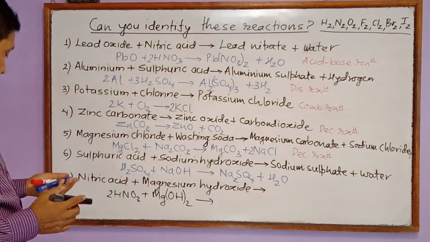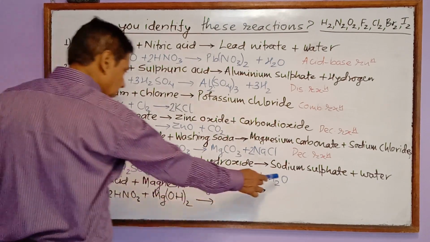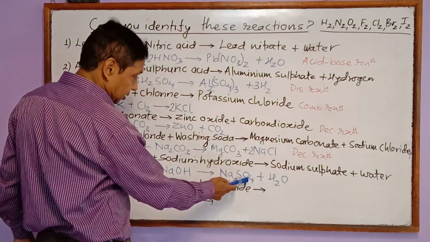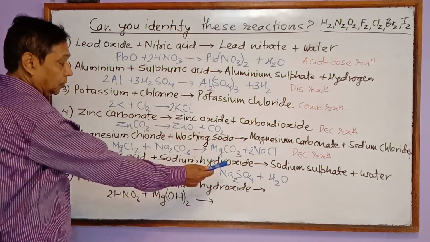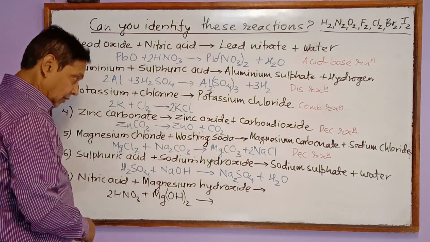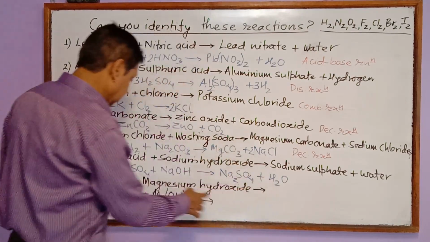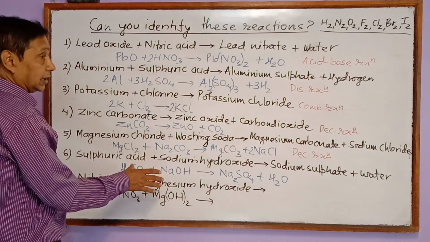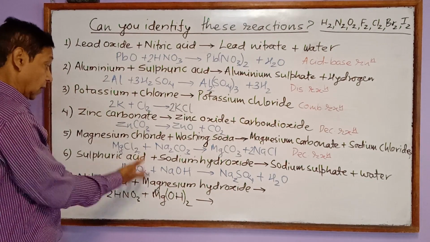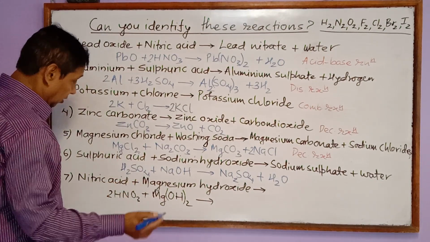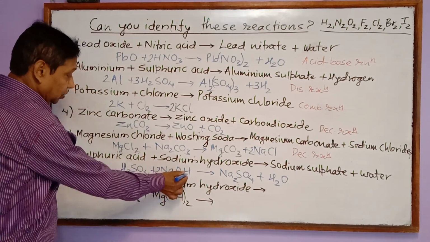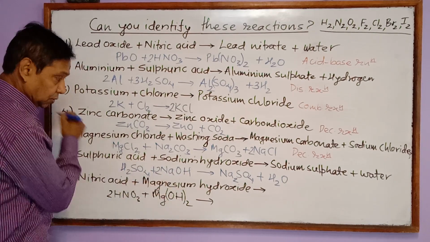Now let's balance the equation. Oxygen 1. I am not counting the oxygen of sulfate, because sulfate is present on both sides; we will count sulfate as a whole. Oxygen 1, okay. Hydrogen 2, plus hydrogen 1, is 3. On the left-hand side we have 3, an odd number, so let's convert the odd number into even. If we take 2 here, hydrogen 2 plus 2 is 4.